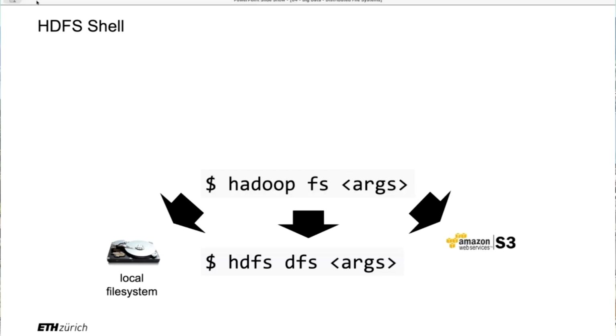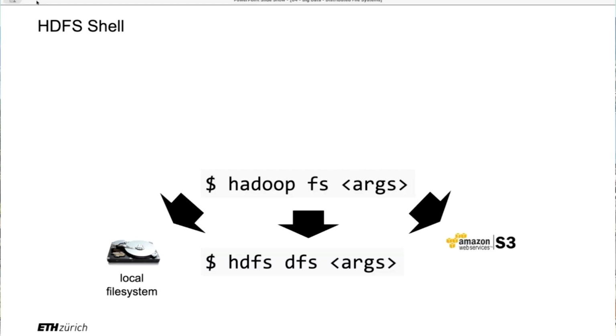But in fact, since it's a file system, you can also access it via the command line, right? I'm assuming you all know on your local laptop, cd, ls, all of these commands, right, to interact with the local file system. Well, the way you do that with HDFS is exactly the same. You also have commands that follow a similar standard, POSIX.